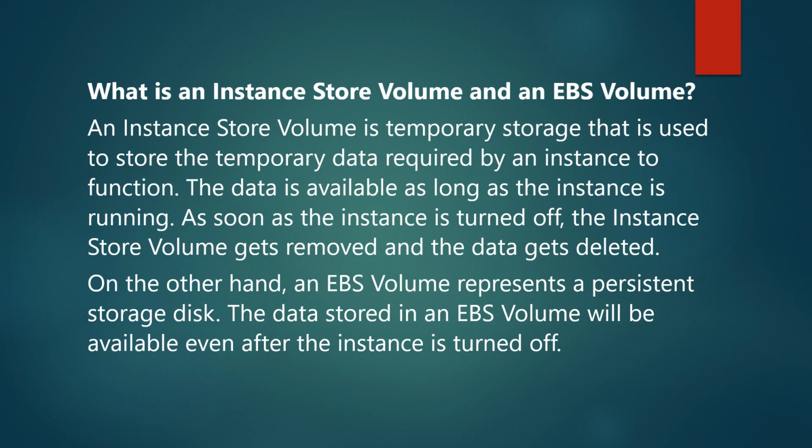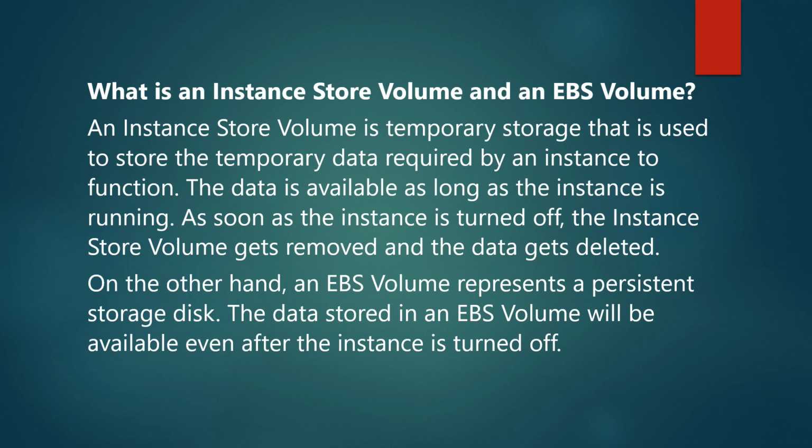What is an instance store volume and an EBS volume? An instance store volume is a temporary storage that is used to store the temporary data required by an instance to function. The data is available as long as the instance is running.